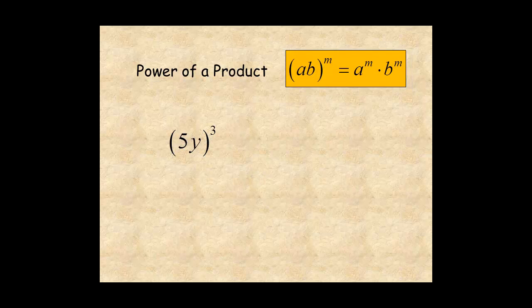For this example, (5y) to the power of 3, apply the power of 3 to both factors, for 5 to the power of 3 times y to the power of 3. This equals 125y to the power of 3.